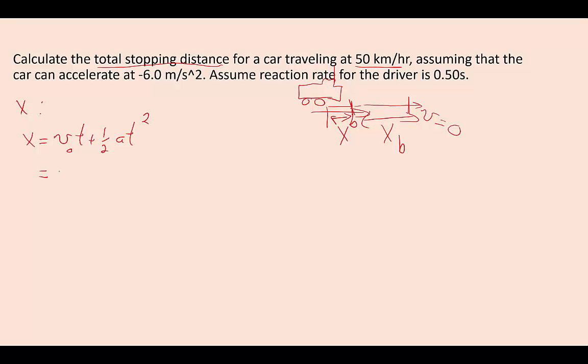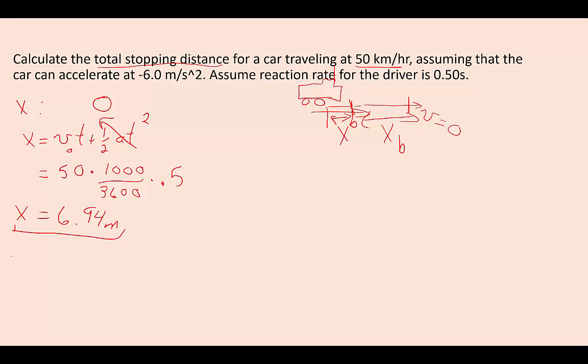Our initial speed is 50, but that's in kilometers per hour, and our acceleration and our time is in seconds, so we need to change that from 50 kilometers per hour to meters per second times our time of 0.5. And our acceleration at this point is going to be 0 because we are not doing anything yet. We haven't hit the brakes. When we do this, we find out that our travel distance while we're reacting is 6.94 meters.